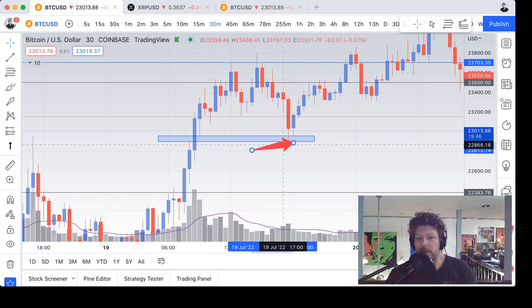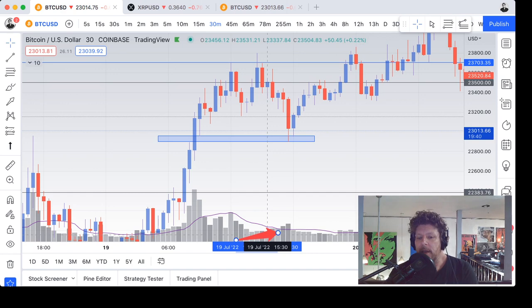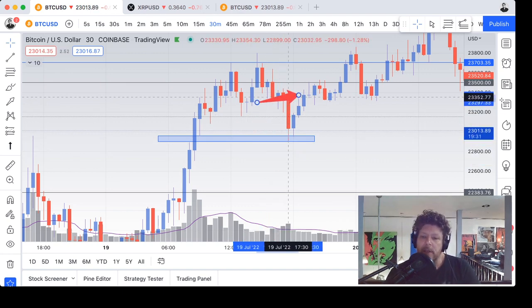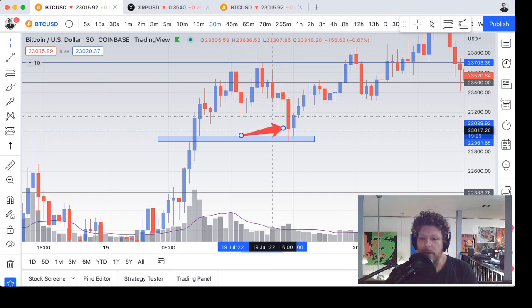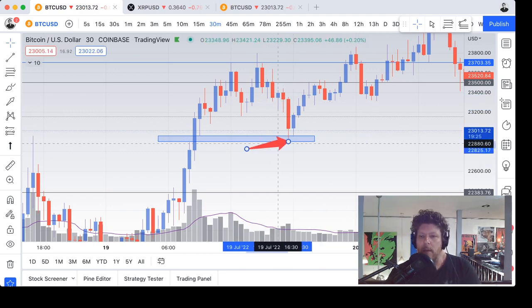They being the big fish or the market makers or the institutions, whoever's buying right here, and buying large, you can see that we have above average volume. And again, on this drop down, above average volume can signal a reversal, which it did. So they picked up liquidity and price reversed.